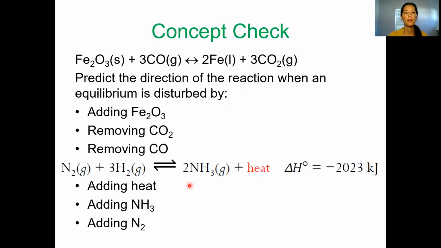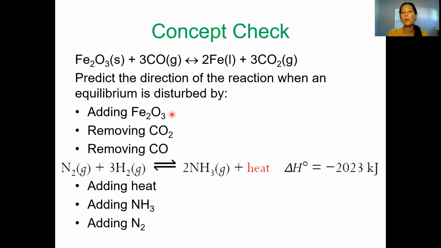So let's just look at these. Let's use this example here. Iron 3 oxide reacting with carbon monoxide to give liquid iron, molten iron, and carbon dioxide. We're going to predict the direction of the reaction when the equilibrium is disturbed by first adding iron 3 oxide.